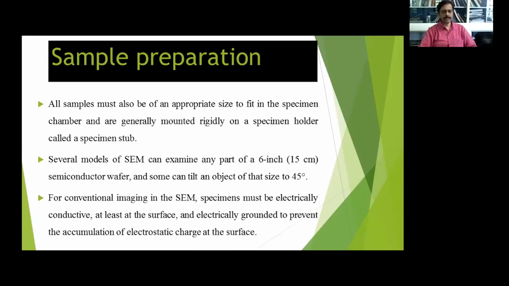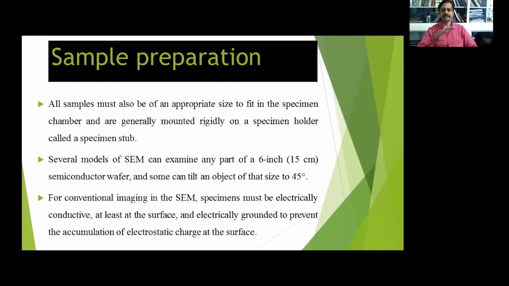For conventional imaging in the scanning electron microscope, specimens must be electrically conductive. This is a requirement, and many biological specimens may not be electrically conductive. So you will have to make the specimen electrically conductive, then only you can use it for analysis under the scanning electron microscope.